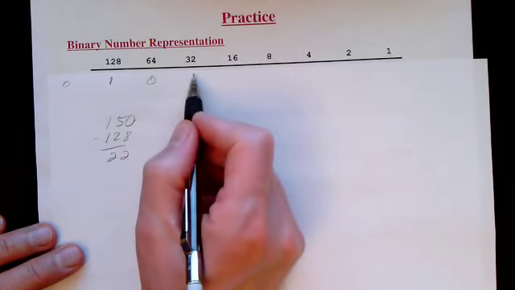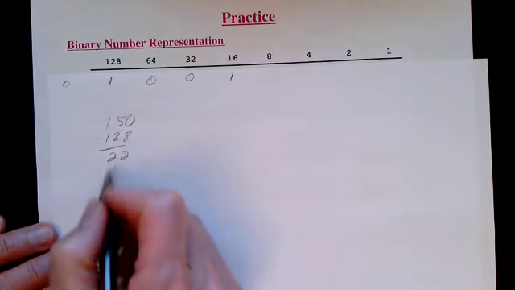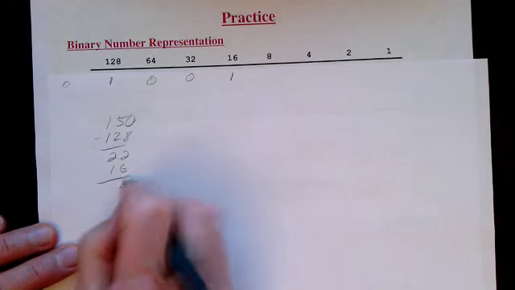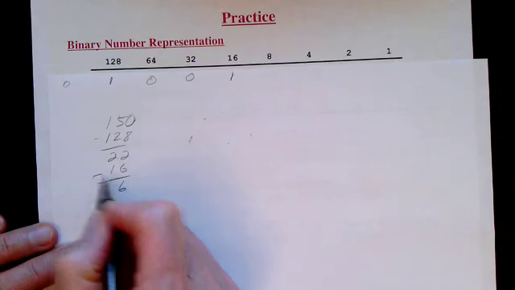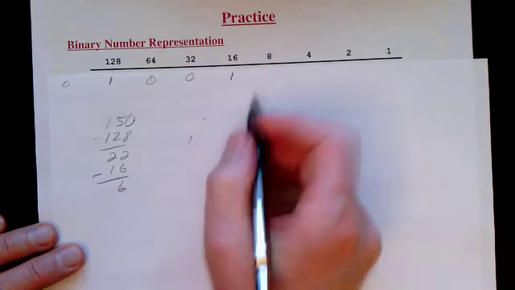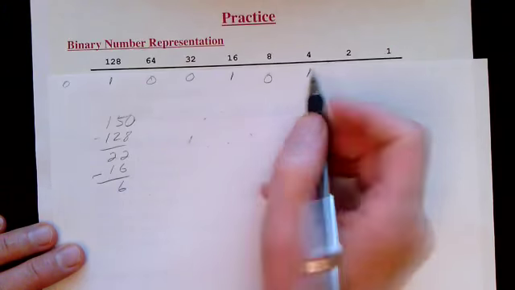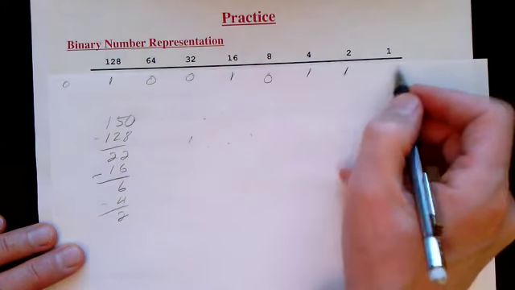Okay, and then is that greater than 64? Nope. Greater than 32? Nope. Greater than 16? Yes. So we'll subtract off 16 there. When we subtract this, we get 6. Okay, so 22 minus 16 is 6. Is that greater than 8? Nope. Is it greater than 4? Yes. So we subtract off 4, and we get a 2. And 2 and no 1s.